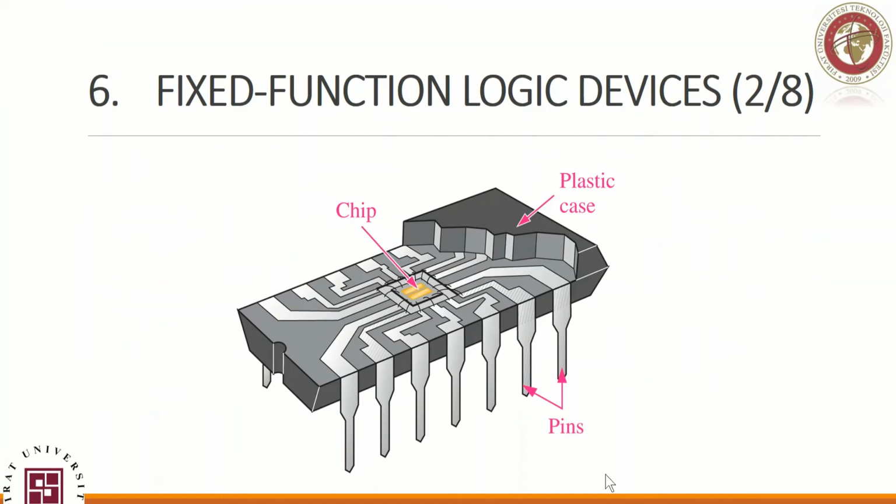Okay, look at the chip. This is the chip we speak about. Usually the fixed function ones are a bit bulky, a bit bigger than the programmable one. And they have these pins again. These are connecting legs, we call them pins. And this is the plastic case, the packaging case. And this is the chip. The chip is extremely small actually. So do not be puzzled if you see this one.